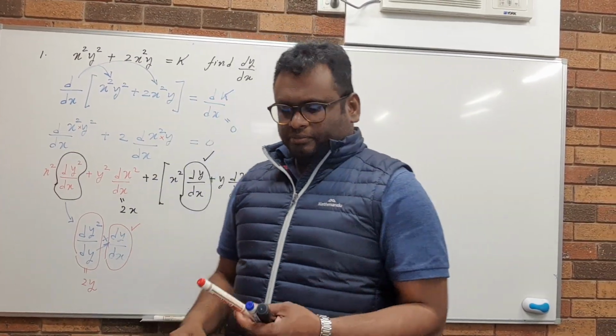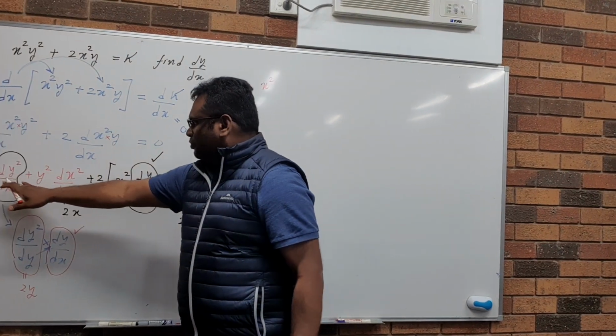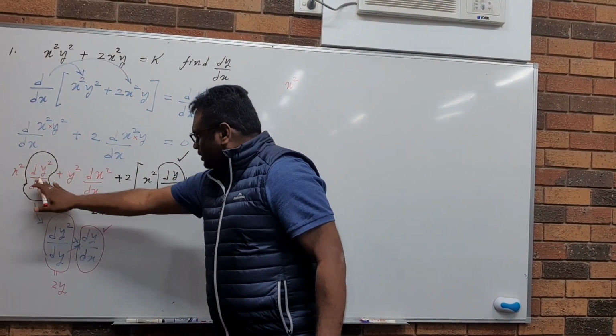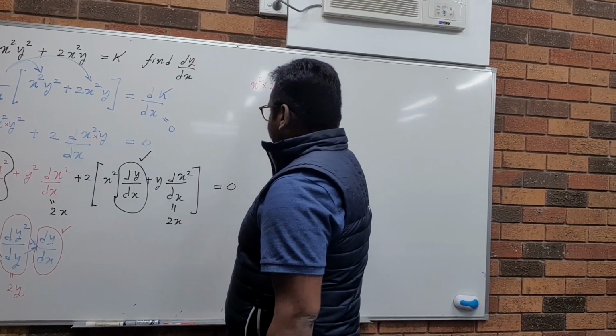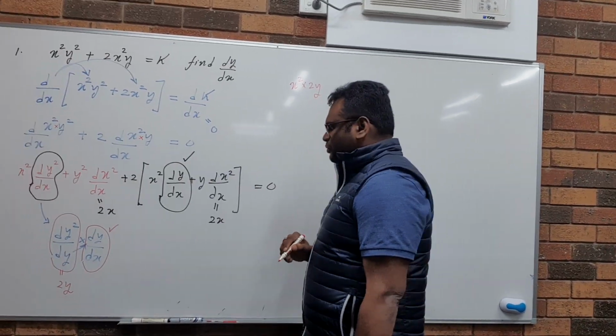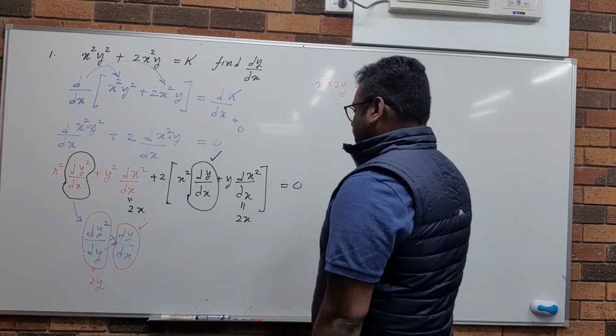Now I'm going to take this term over here, and this got simplified into this, so I'm going to copy that, x squared times 2y, and then I'm going to write dy/dx, right?